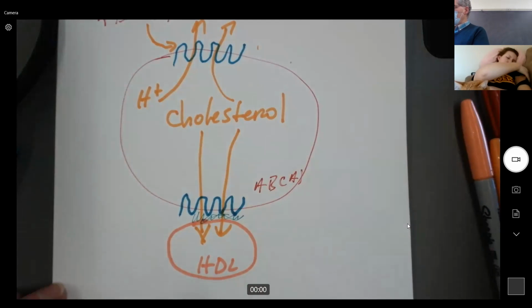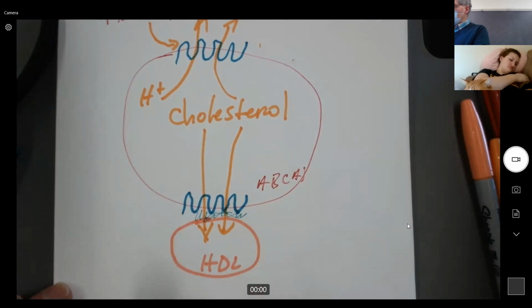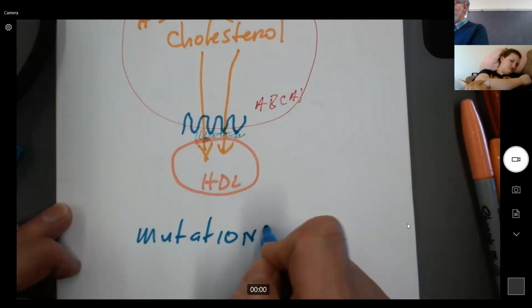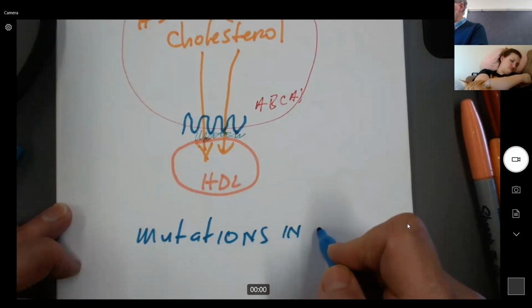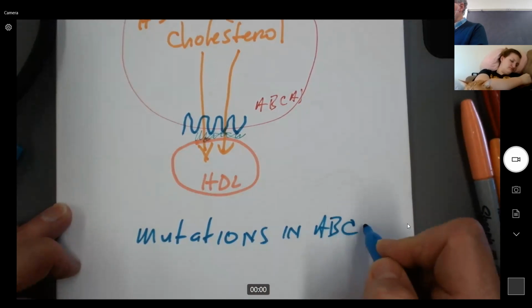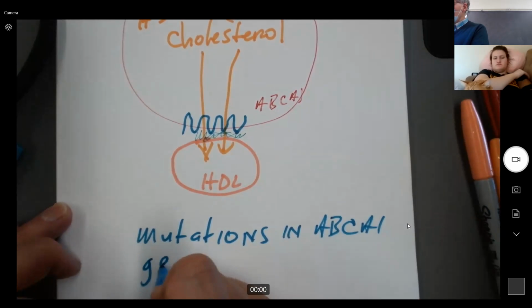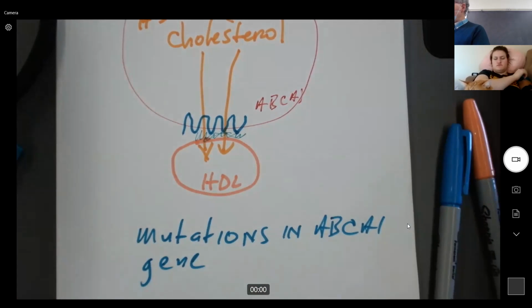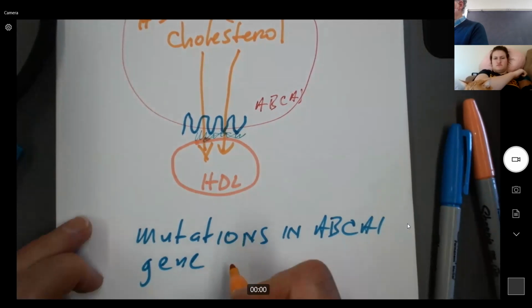Mutations in the ABCA1 gene that encodes this protein lead to a condition called Tangier syndrome.